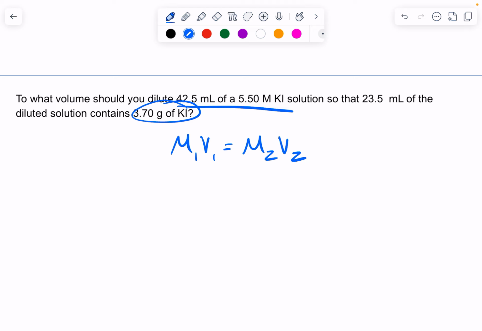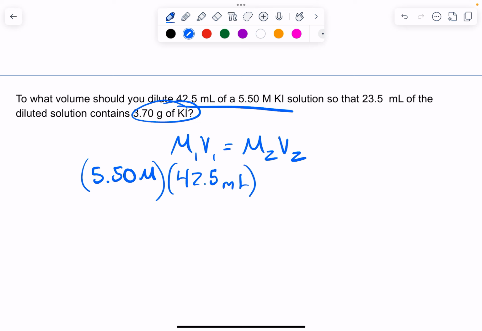So M1, 5.50 molar, V1, 42.5 mils. M2 is what we're solving for. The reason I knew that is because it was asking something about a certain number of grams. We don't have grams in this, so I know molarity is the only thing I don't know.